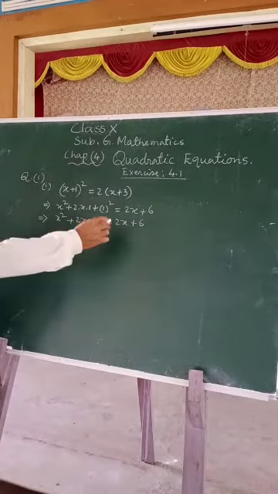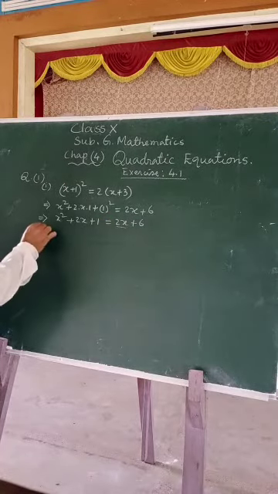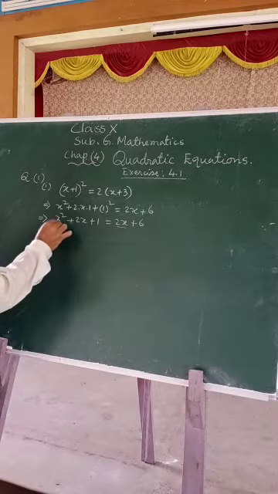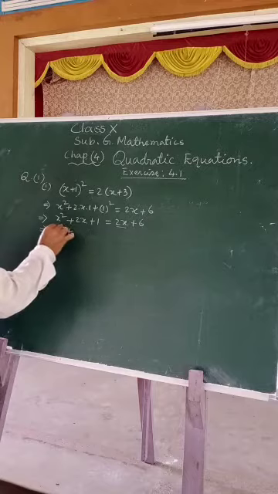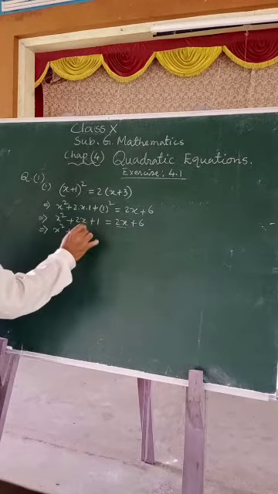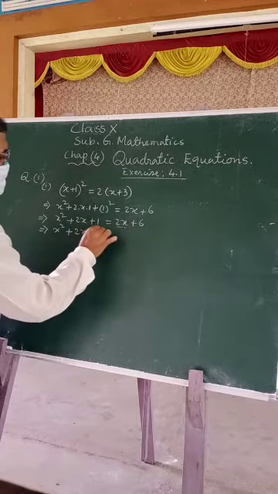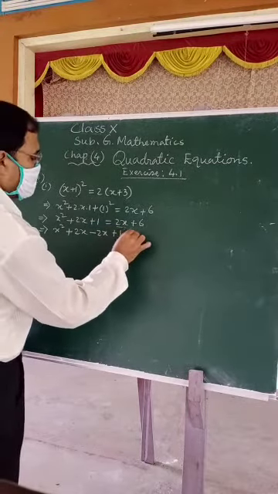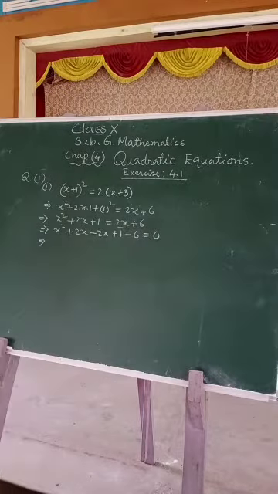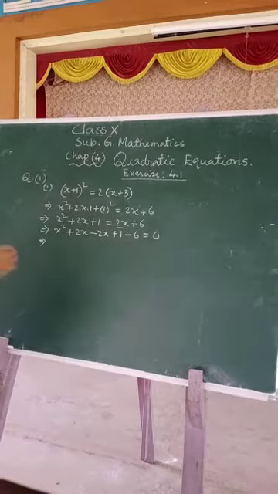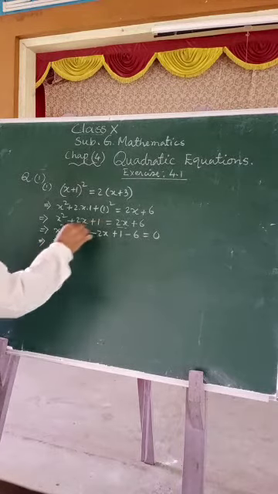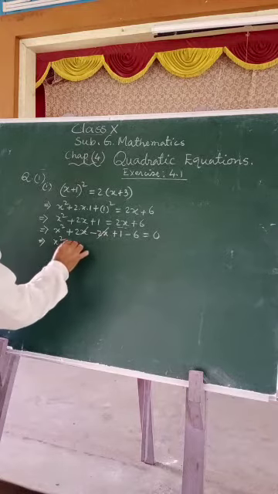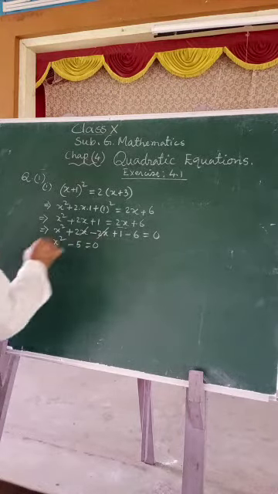Now transposing 2x and minus 6 to the left-hand side, we get x square plus 2x minus 2x plus 1 plus 6 equal to 0. The 2x terms cancel, so this is x square minus 5 equal to 0.